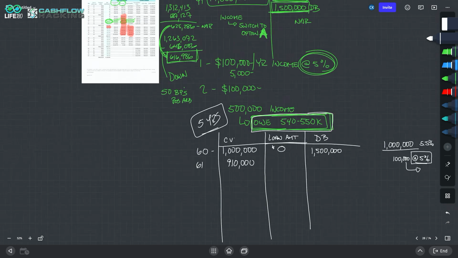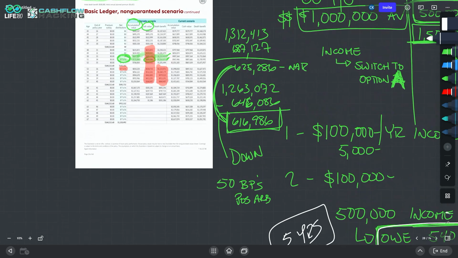I want to show this over here, because you could see that the cash value right here was 687, and then they took 77,000 of income, and it only dropped by 30-something thousand, almost 40,000. It did that because there's positive arbitrage. That positive arbitrage is what made it so the cash value didn't drop by all $77,600.